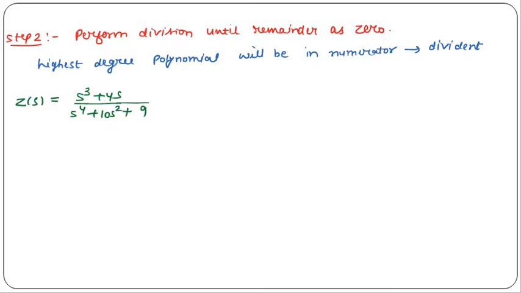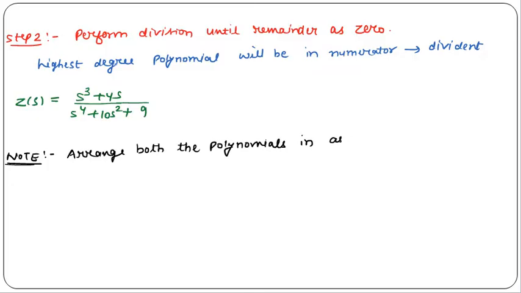Also, in the previous lecture I told you a note point that in the Cauer first form we have to write the polynomials in descending order, but in the Cauer second form we have to arrange both the polynomials, that is both the numerator and denominator polynomial, in ascending order.